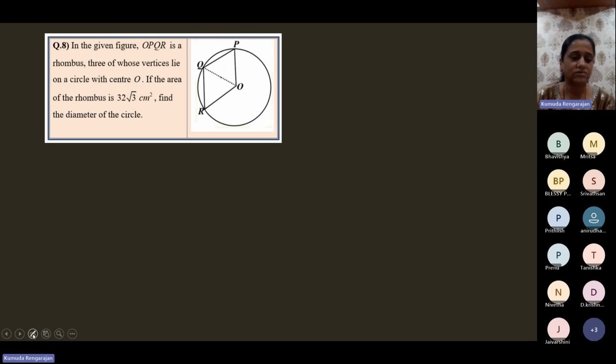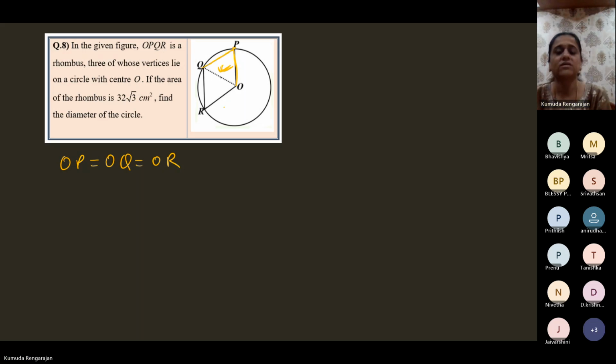Let's just see it again. We know that radius OP, radius OQ, radius OR. Now in this figure, take up the triangle above, take up this side and this side. So you start like OP is equal to PQ, because in a rhombus, all the sides are equal.